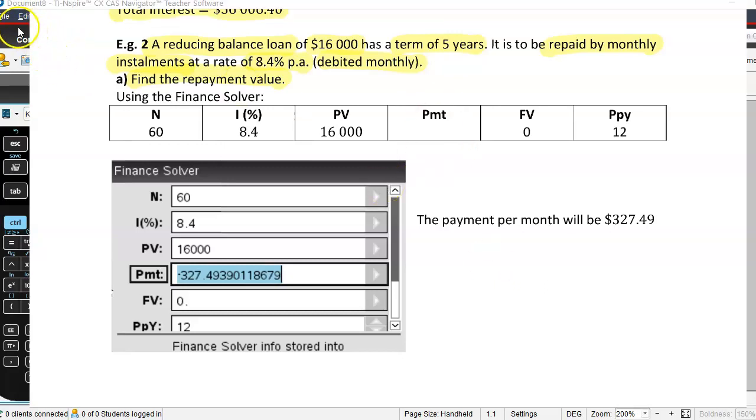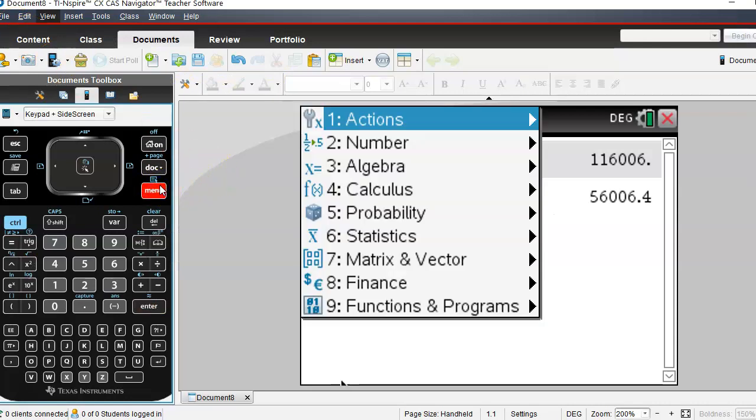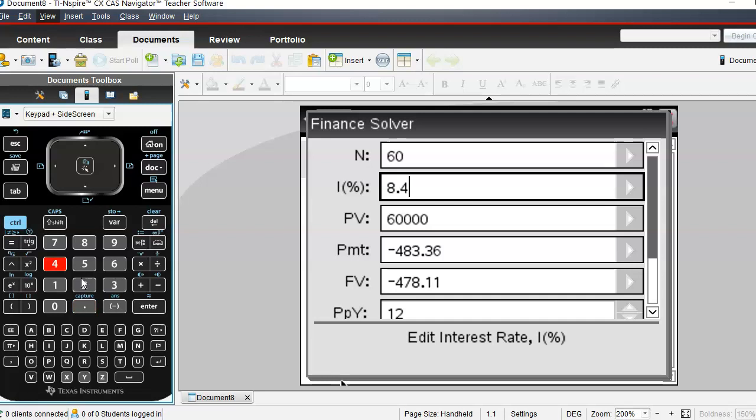So you can see the little snapshot there. Let's bring it up again. Finance solver. So 5 by 12, and then we've got 8.4%, borrowed 16,000. I don't know how much I'm going to pay.